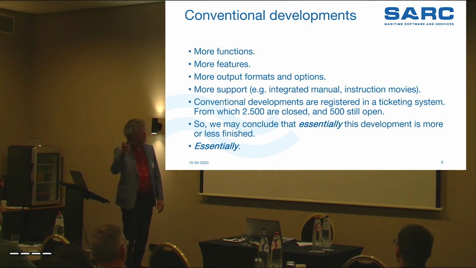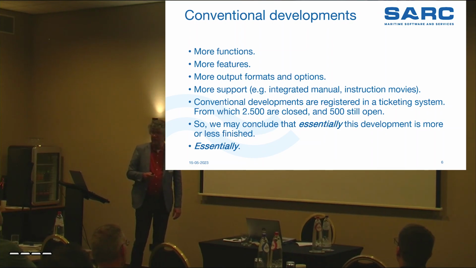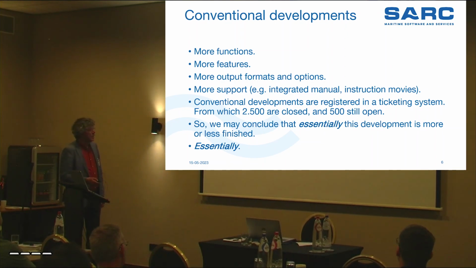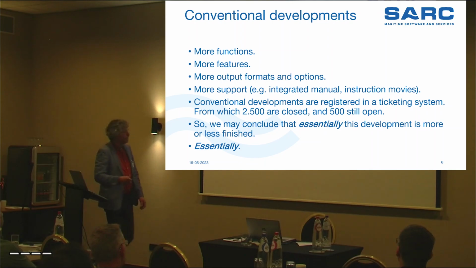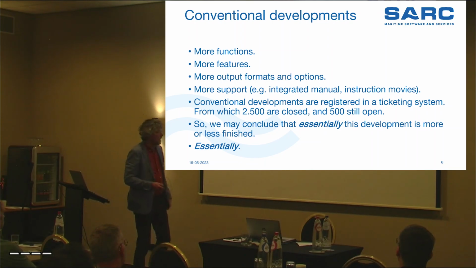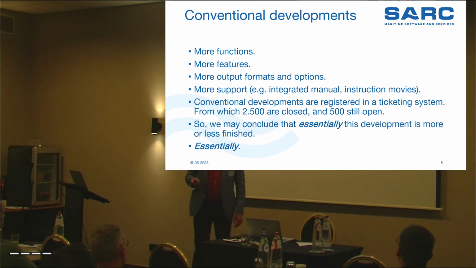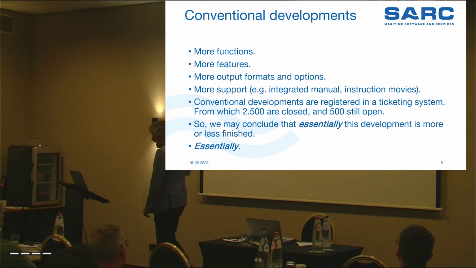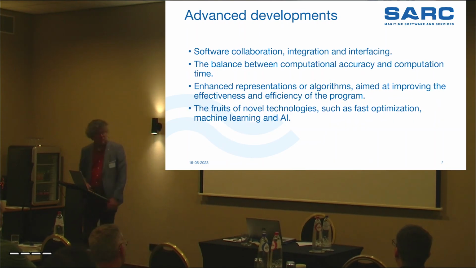Somebody, I think Mark, might have shown our ticketing system where still 500 tickets are open, and okay, that's quite a number, but already 2,500 are closed. Some of them were invalid, but most of them have been dealt with. So that's more of the same. So we may conclude that essentially this development is more or less finished after 40 years. And with that I mean, in essence.